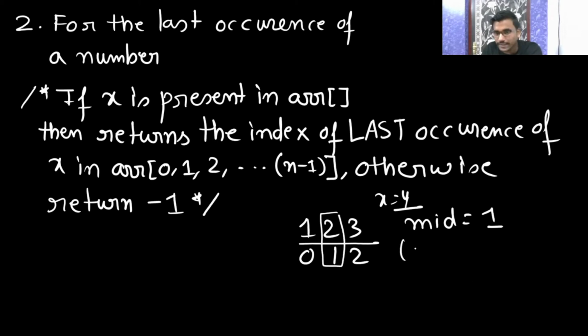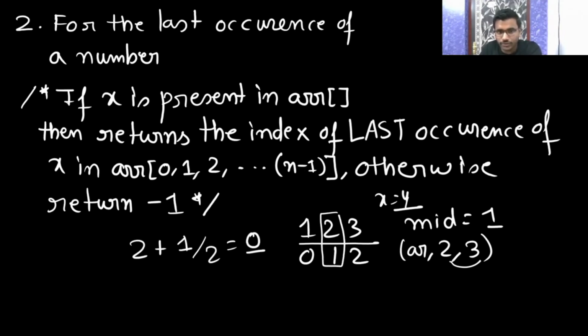So you will search the array from mid plus 1, 2, because x is greater than mid, then high is going to be 3 only. Now again, if you take the difference, low is 2, 3 minus 1 is 1, 1 by 2 is 0, so 2 plus 0 you are going to get 1.